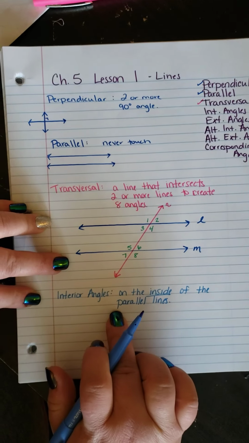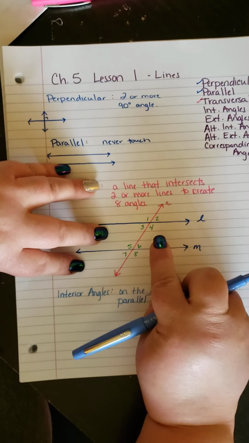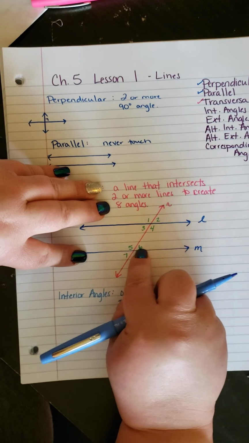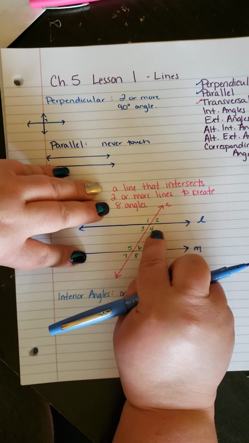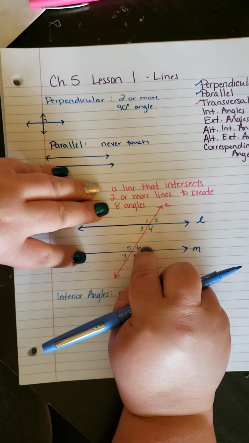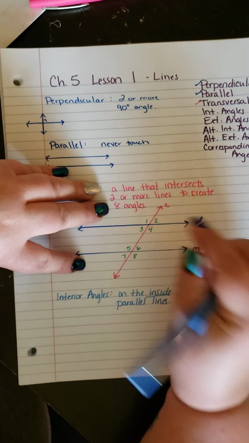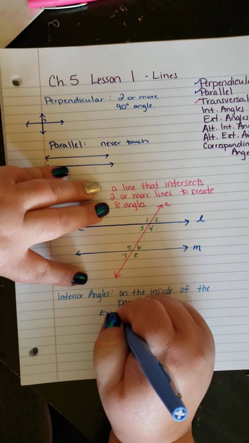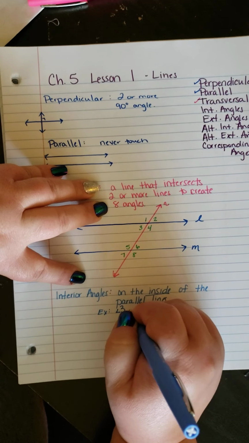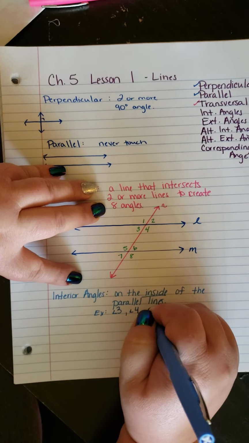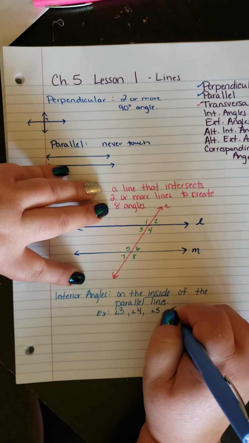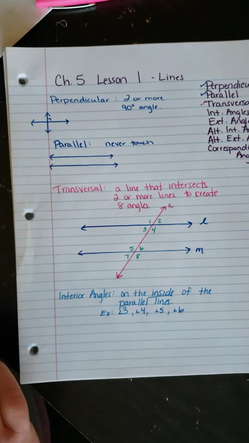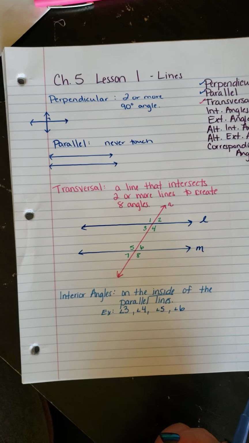Okay, so my interior angles here, inside of the parallel lines, 3, 4, 5, and 6. They're on the inside. Okay, in our example, angle 3, angle 4, angle 5, angle 6. And that's it. That's all there is to interior angles.